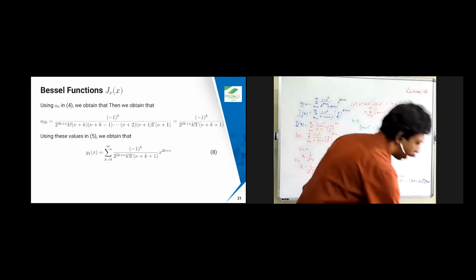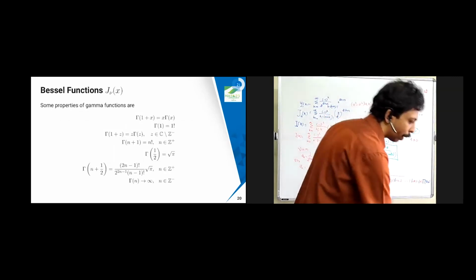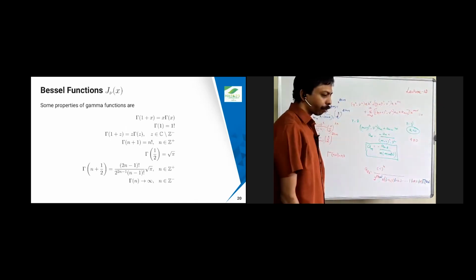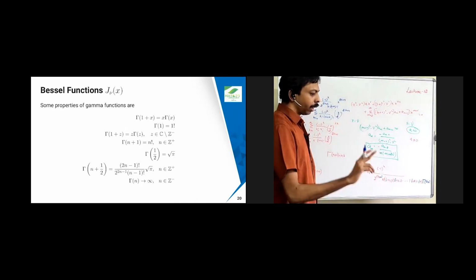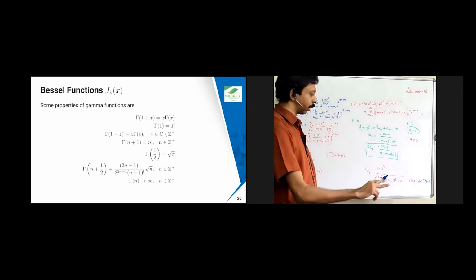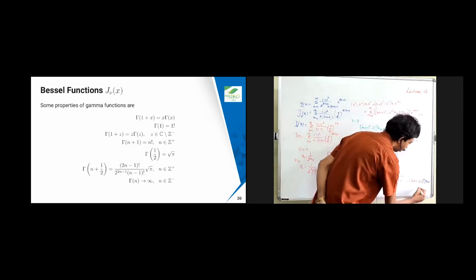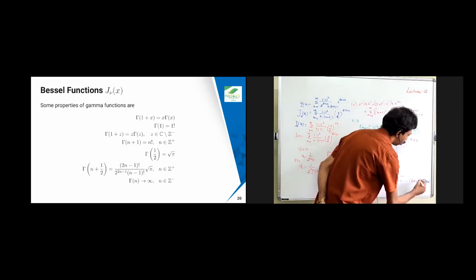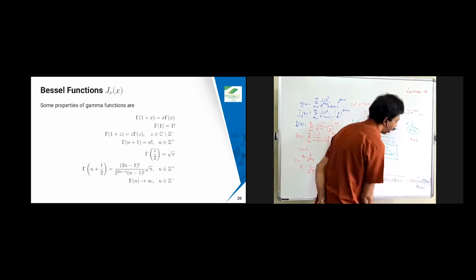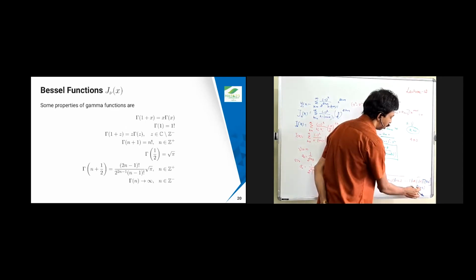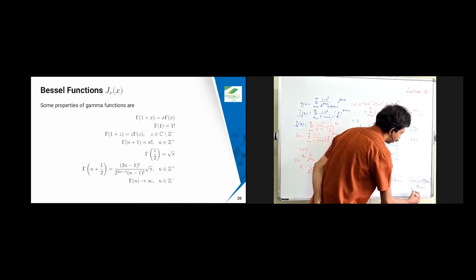So we have the gamma function property. Take the first property: x into gamma of x is gamma of 1 plus x. Therefore, this becomes nu plus 1 into gamma of nu plus 1, so this becomes nu plus 2 into gamma of nu plus 2. Now if I combine these two terms, this becomes gamma of nu plus 3.